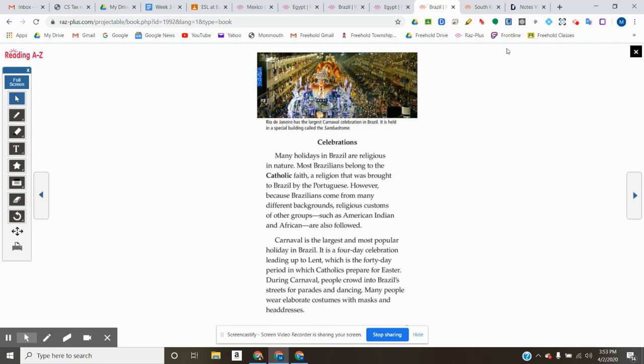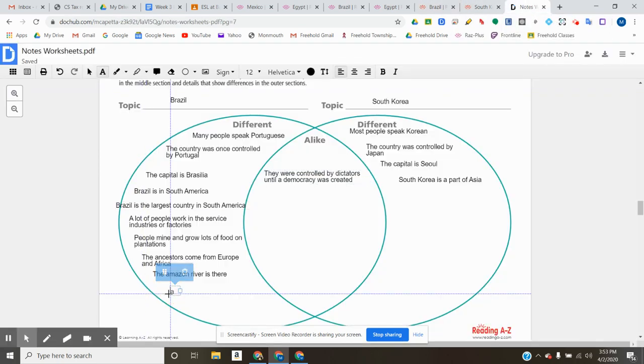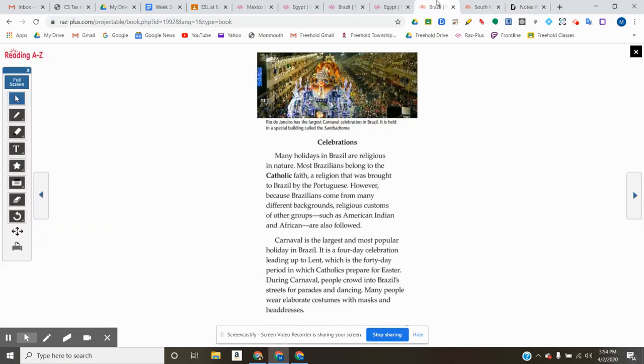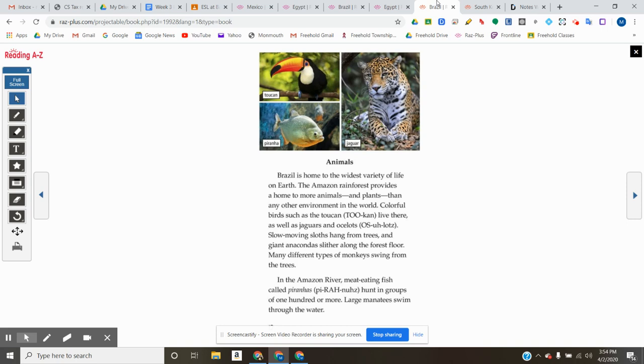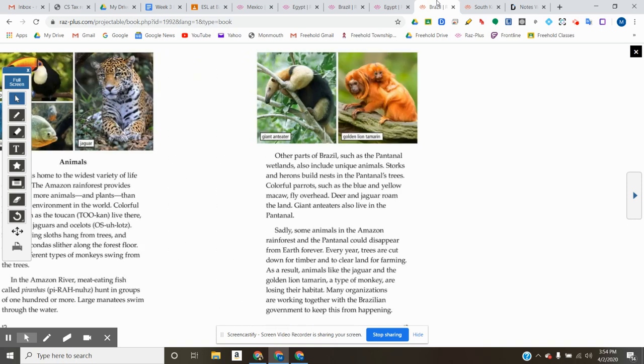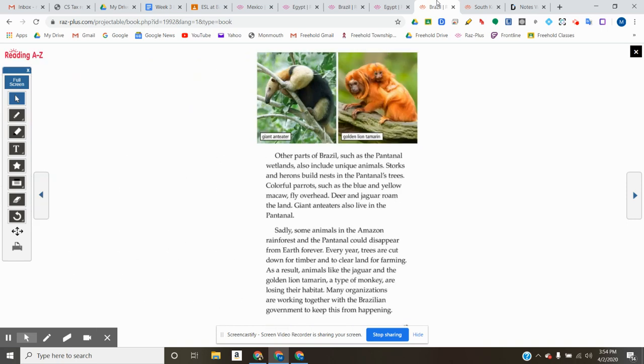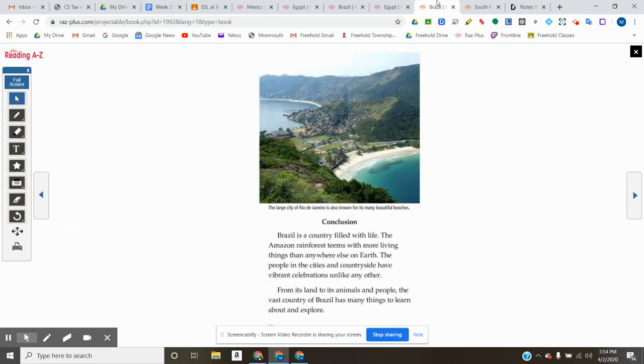Okay, so many people are Catholic and they celebrate Carnival. Their big holiday is Carnival. What else? Amazon rainforest. We got lots of different animals. Alright, cool.